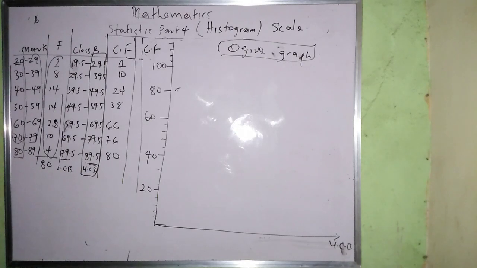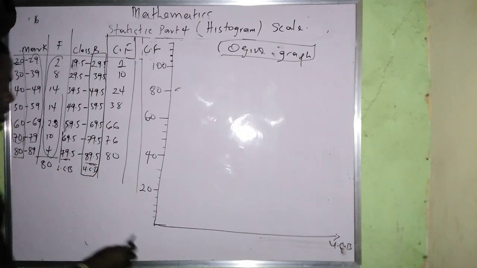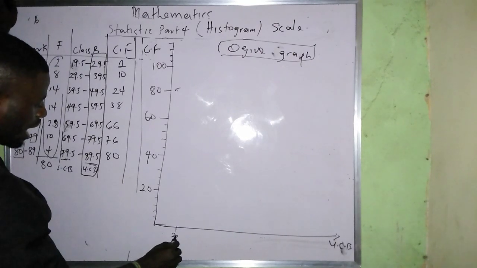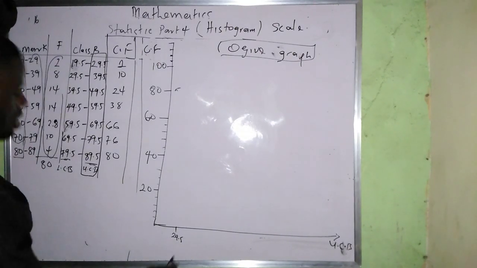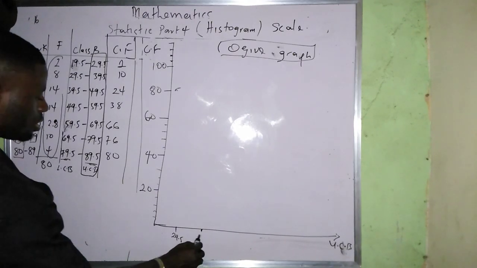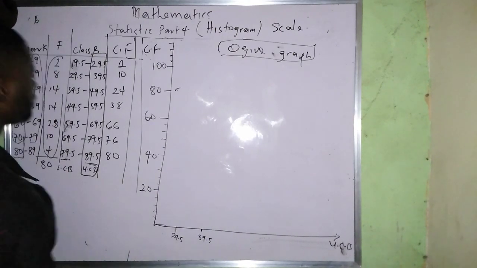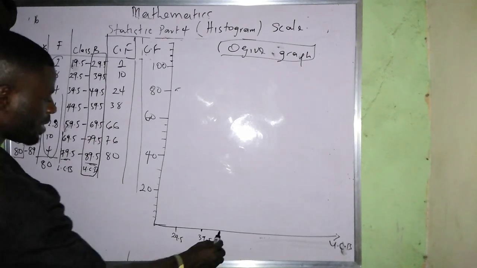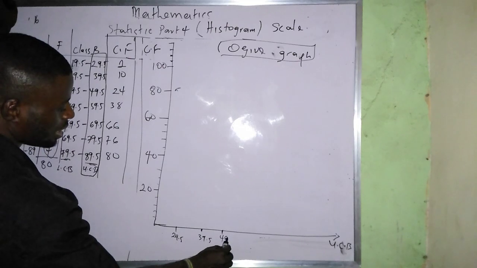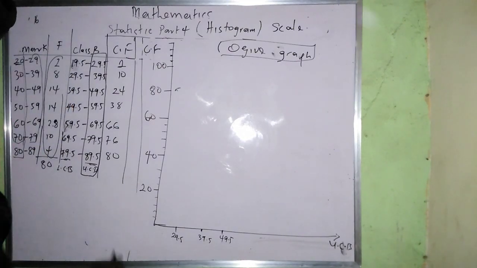Now, my class boundary, which is I'll be using upper class boundary, I'll be having 29.5. I'll be having 39.5. I'll be having 49.5.